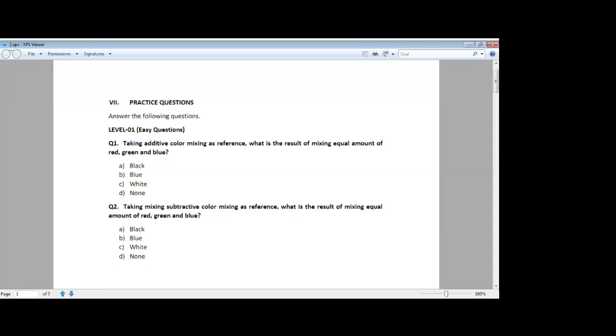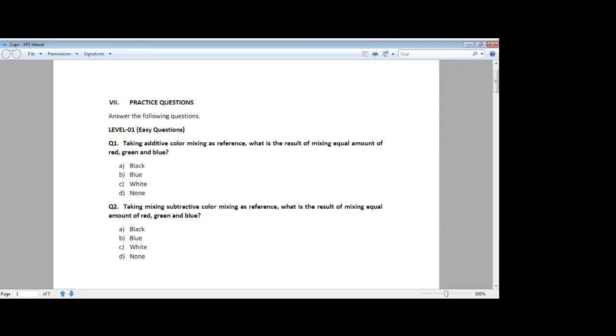So, you see, B6 and B5 have answered A as their option, and Nia is saying that C is the option. Let us have a look at the options. B5 and B6 answered that the answer would be black: RGB, if mixed, would be black.